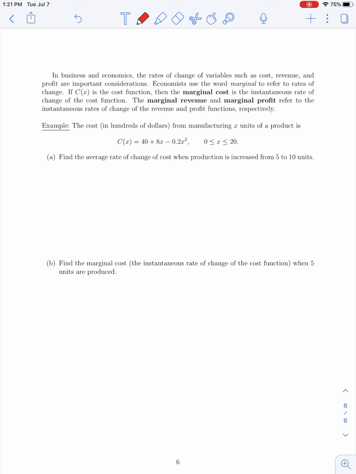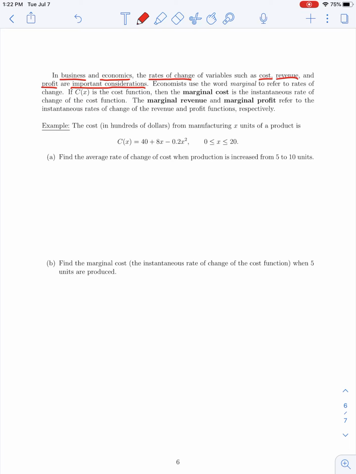Some important terminology which we'll use throughout the course, which appears in business and economics, is the rate of change of a cost, revenue, or profit function. So the rates of change of variables such as cost, revenue, or profit are important considerations.